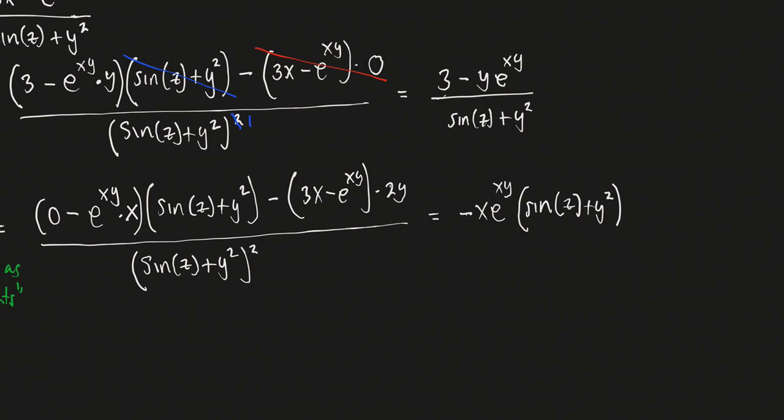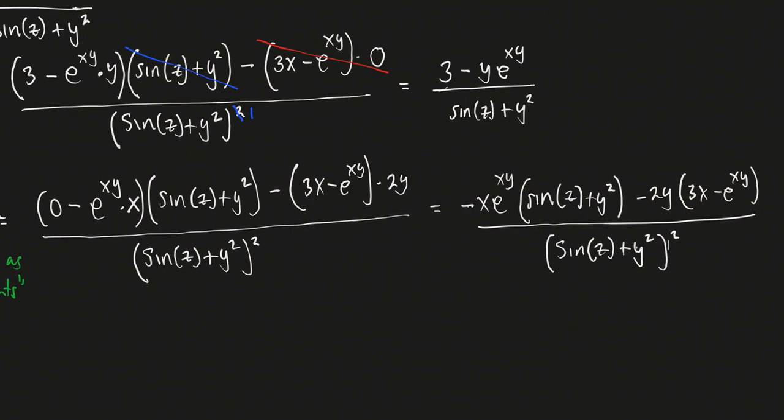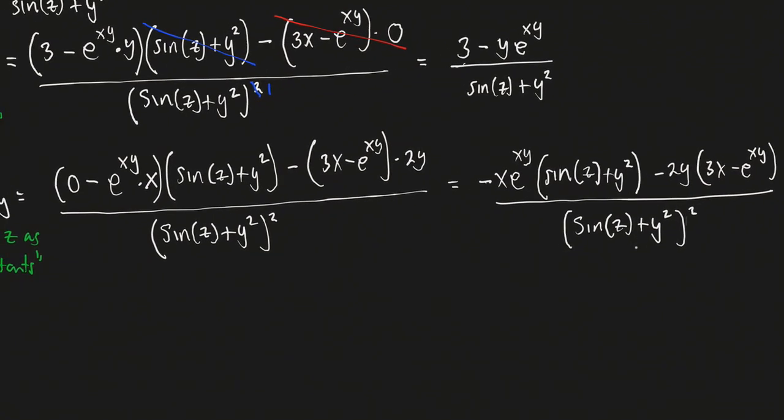I mean, you could certainly distribute this term. I'm just going to leave it factored, but I like to put the 2y in front, and then we have the 3x minus e to the xy, and then at the bottom, no need to FOIL anything out. I'm just going to keep it as the sine of z plus y squared squared. All right. So that's our partial with respect to y.